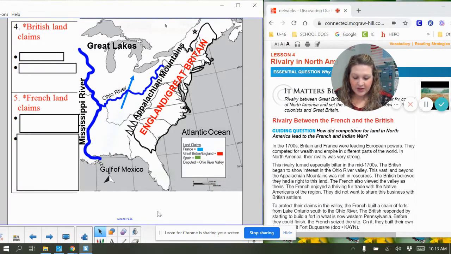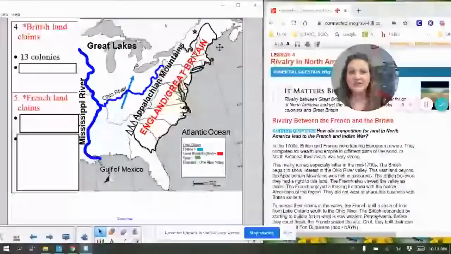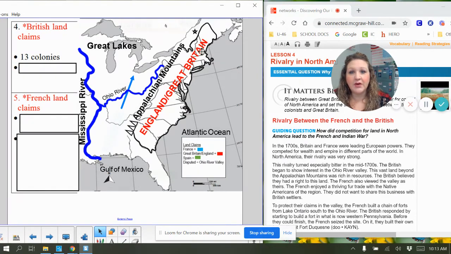And then we are also going to look at land claims. So first of all, the 13 colonies, right? We already have that one on here, that England has land claims on the 13 colonies. And they are also going to have claims on parts of Canada.